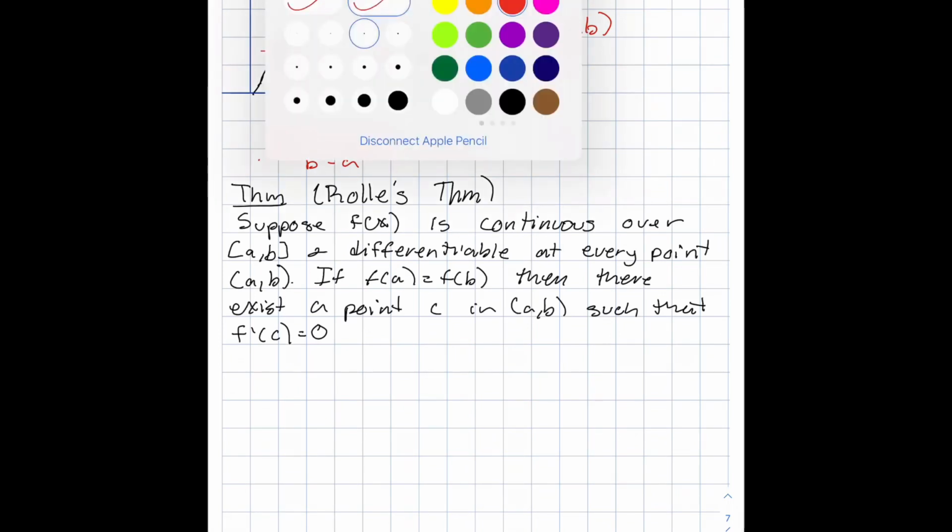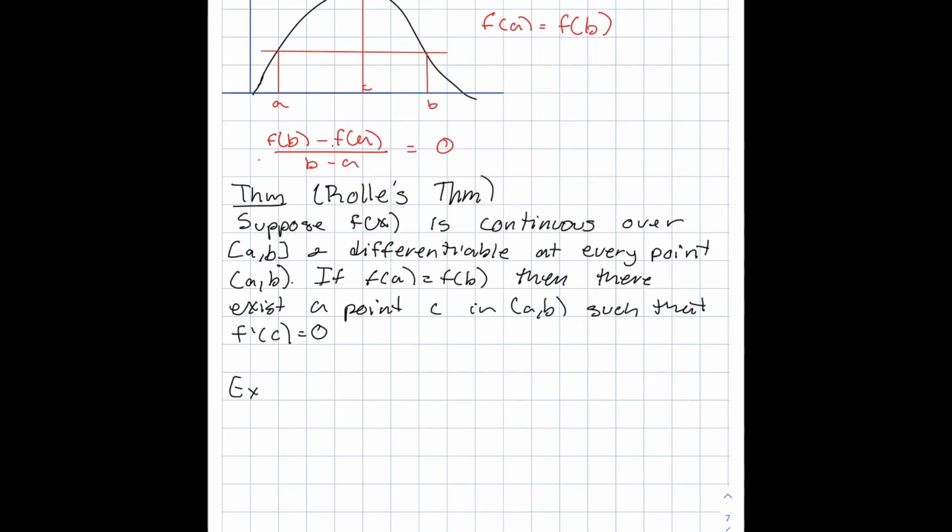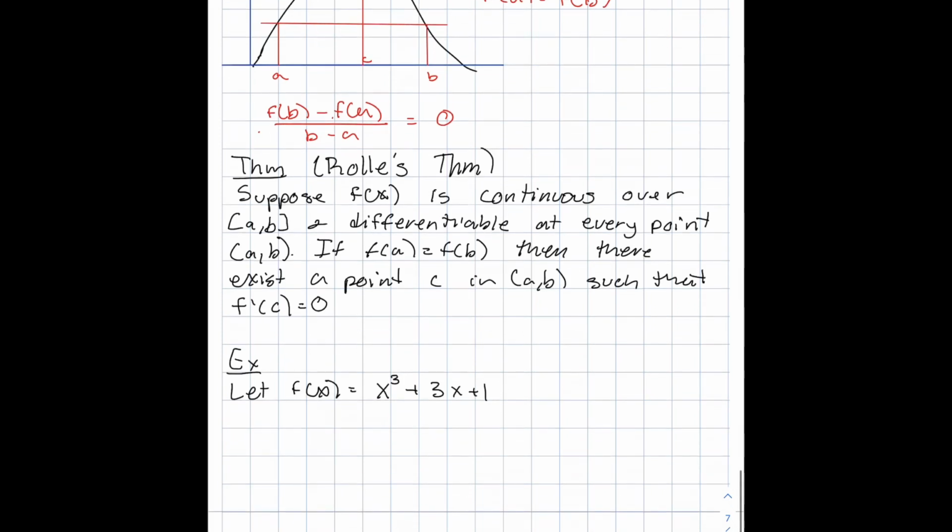So if we call f of x equal to x cubed plus 3x plus 1, then we can use Rolle's theorem and the intermediate value theorem to tell us how many roots, or solutions, there are, because this is equal to 0.